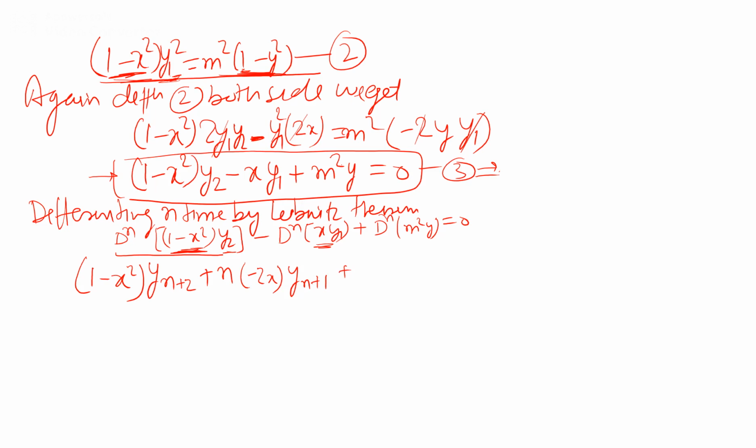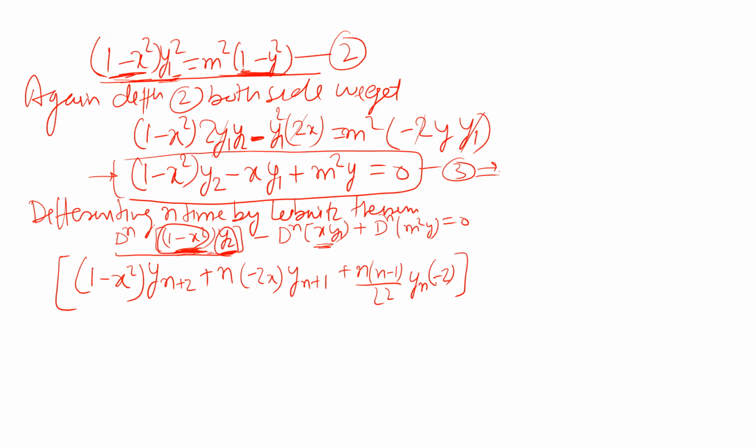The third term is nC2, so we write n(n minus 1) upon factorial 2, and the n minus 2 time derivative of y2 becomes yn, and the 2 time derivative of that function is minus 2.